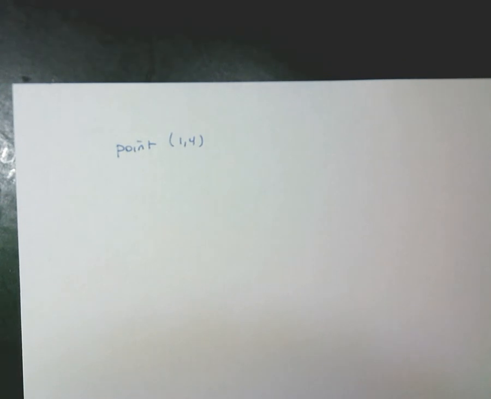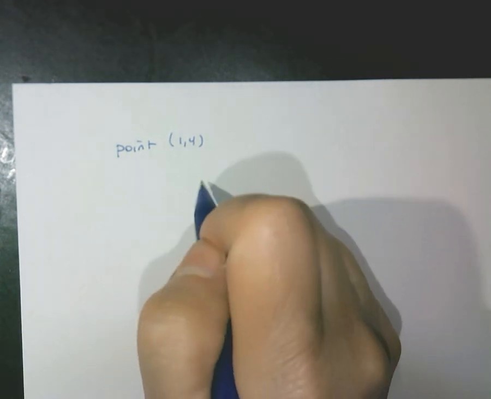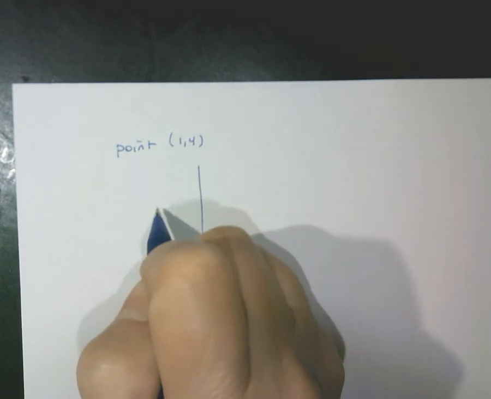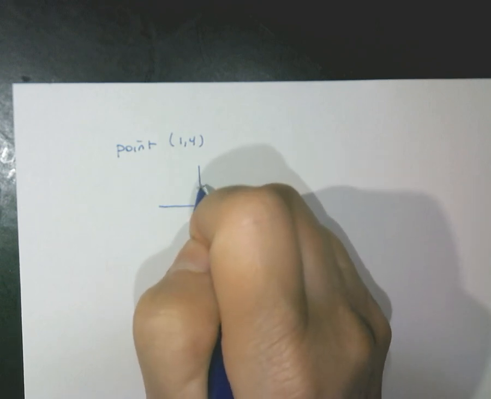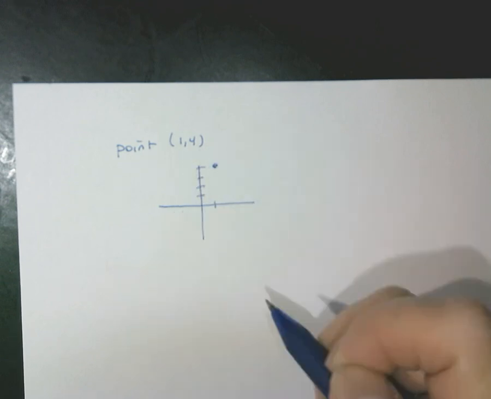I'll give you one example, but then I really encourage that you go ahead and watch the live lesson when I show this. Let's say I have a point 1, 4, and it's the terminal side of an angle. So if I drew this point 1, 4, it goes right here.